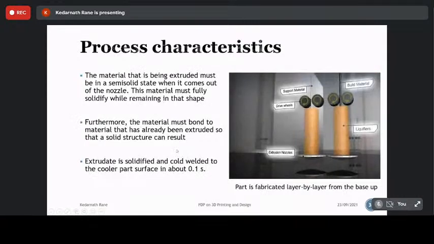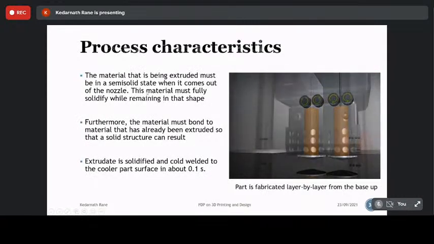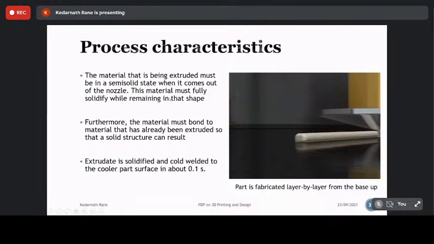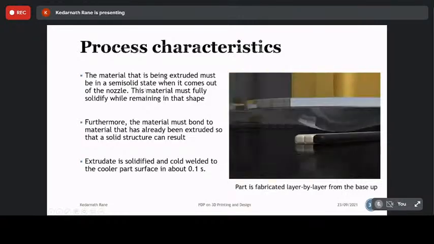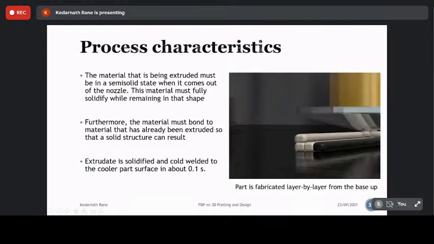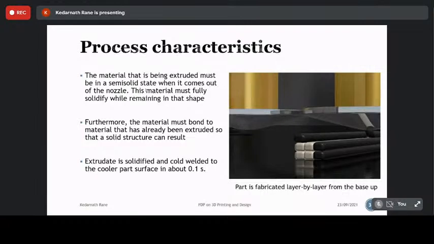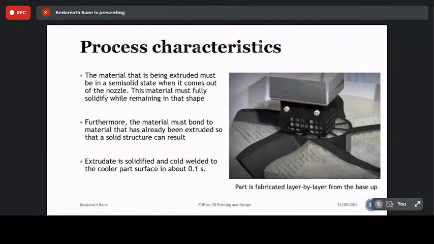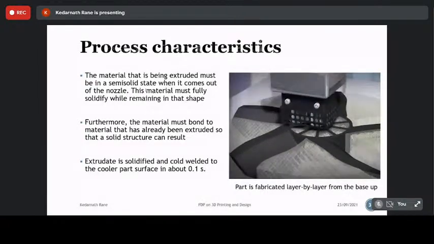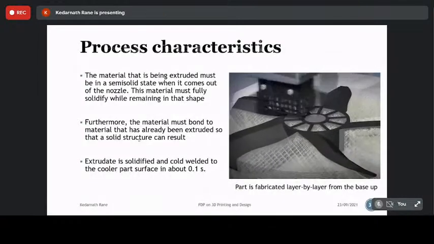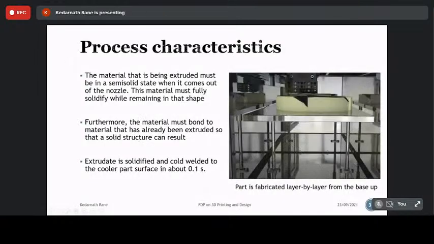The next criterion is the material that is being extruded. Again, it is in semi-solid form. At the beginning, we should recognize that metals cannot be extruded. That's why we are using the PIM system. We use polymers to get it into semi-solid form, and we can use it as an extrusion material.